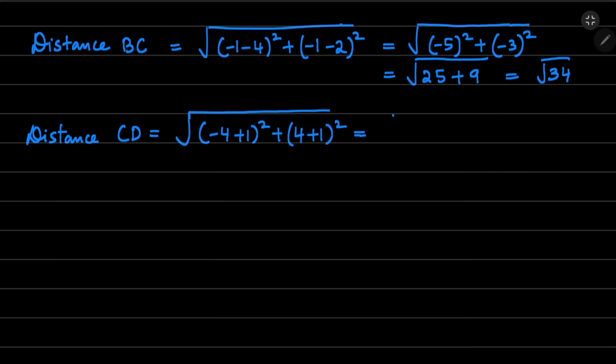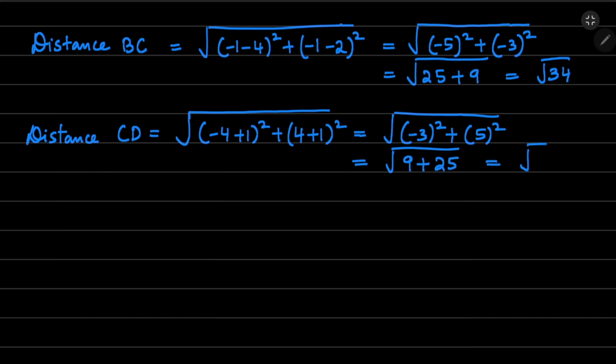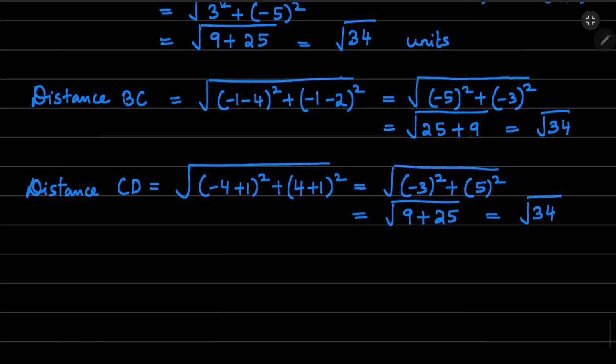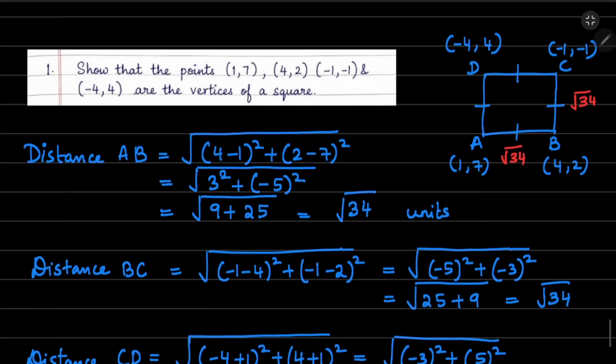So this will be equal to root of minus 3 the whole square plus 5 the whole square. This is equal to square root of 9 plus 25, which is root of 34. So the distance between C and D is also root of 34.